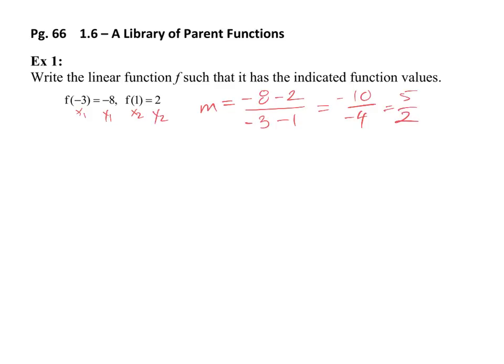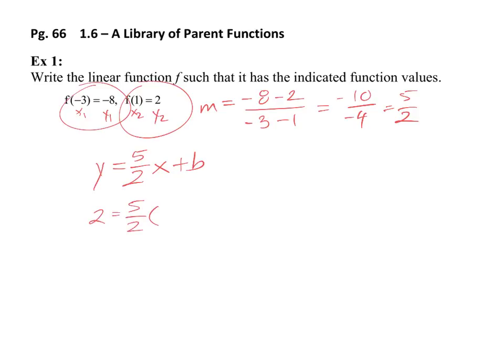All right, so now I have my equation, y equals mx plus b, y equals 5/2 x plus b. Now choose either set of points to figure out what b is. I'll plug in the second values. All right, so I have 2 equals 5/2 plus b, subtract 5/2.